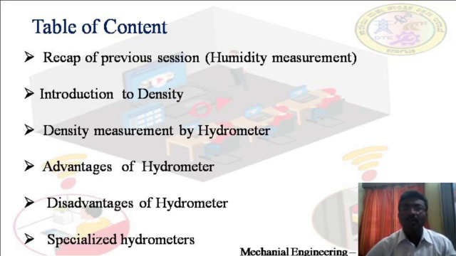So the summary of this session is: the density is defined as mass per unit volume at given conditions of temperature and pressure. Density varies from material to material. Density varies with temperature and pressure.